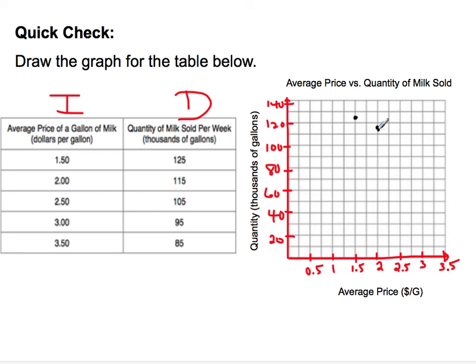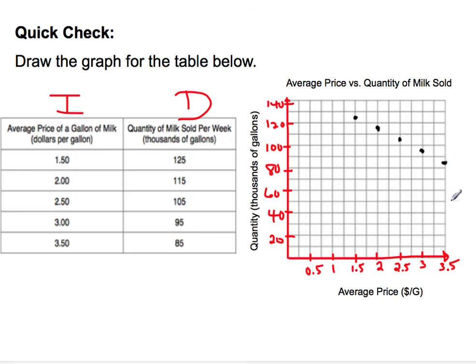It'll be right in between. Sorry about that. So this is 110, that's 115. So this is $2.50 and 105, so it should be right there. Perfect. See, now we're getting that straight line. $3 and 95, right there. And $3.50 and 85.